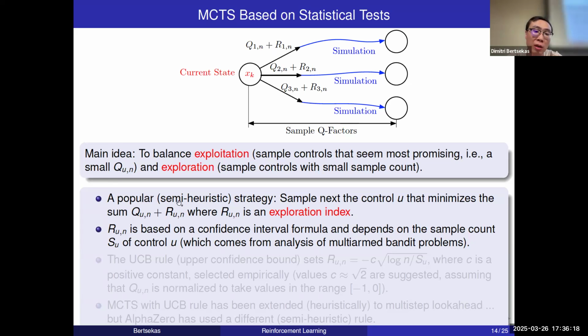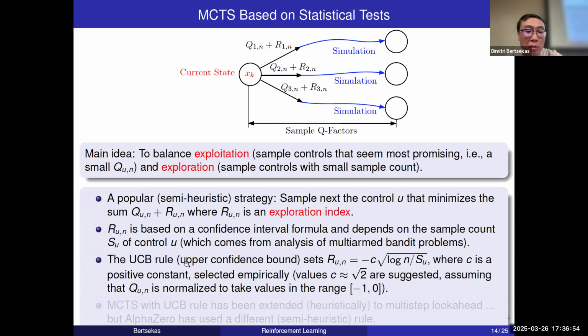So for example, after in total sampling N Q factors, for the control U the number is SU. The smaller this number SU is, the less this control U is explored, right? So this number should be larger in order to favor exploring this control U more.